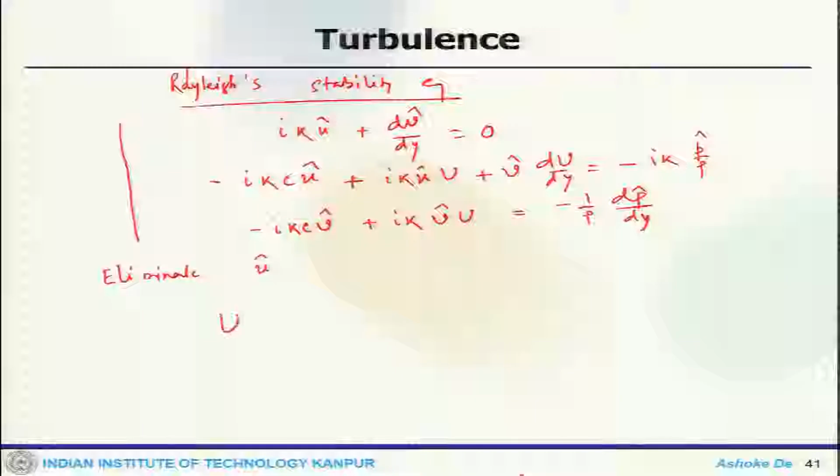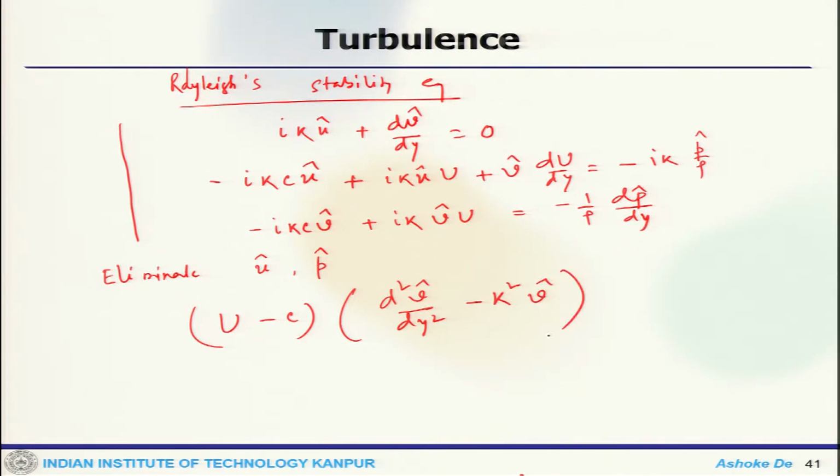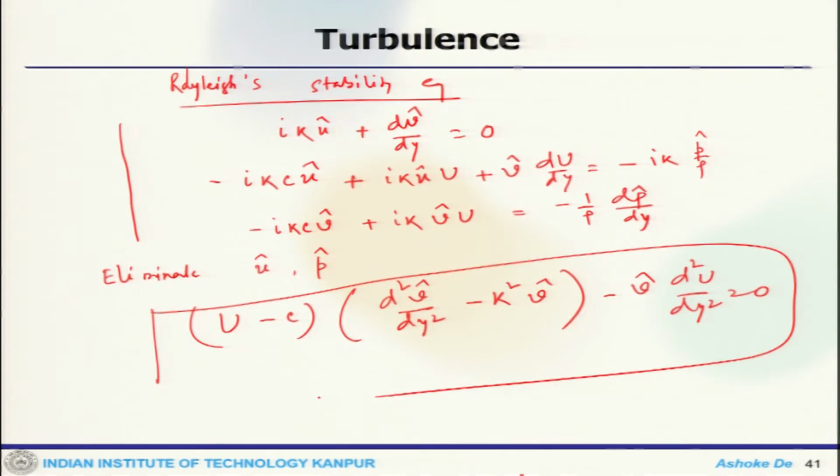So, what you get is (U minus c)(d2 v hat by dy2 minus k square v hat) minus v hat d2U by dy2 equals 0. So, this is what we get when we eliminate u hat from the first equation and p hat from the next two equations.